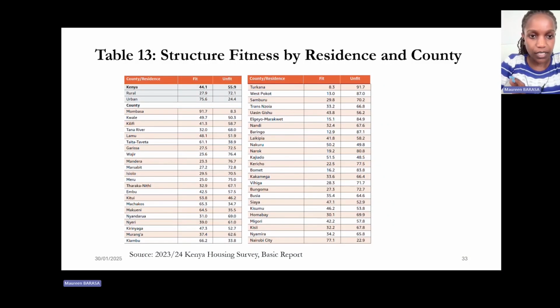That is 55.9%. And this is seen majorly in the rural areas, which is at 72.1%, compared to the urban areas, which has structures of fit at 75.6%. Yeah, thank you. That's the end of my presentation.